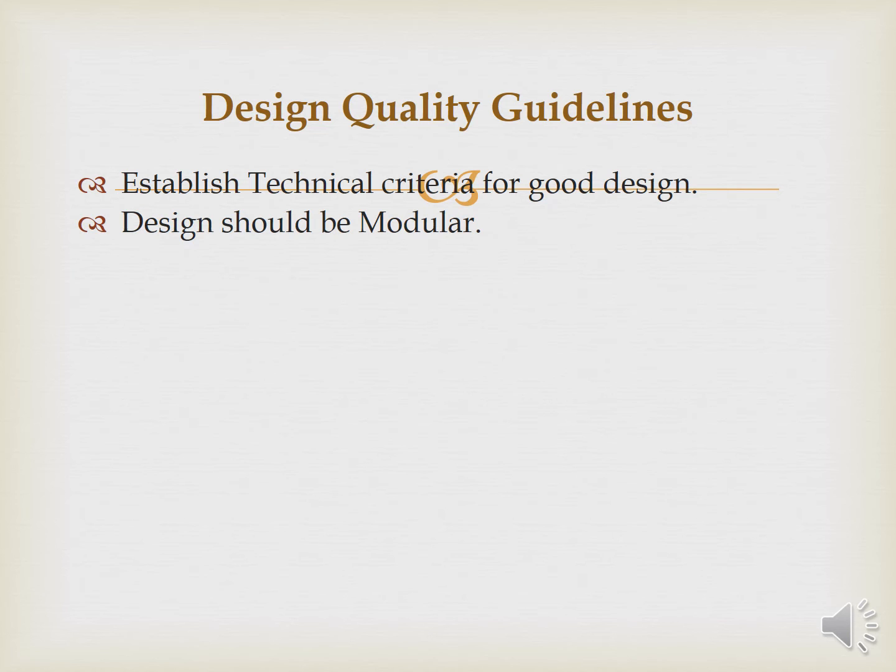For the time being, consider the following quality guidelines. A design should be modular, that is, the software should be logically partitioned into elements or subsystems. Then, a design should exhibit an architecture that has been created using a recognizable architecture style or patterns.